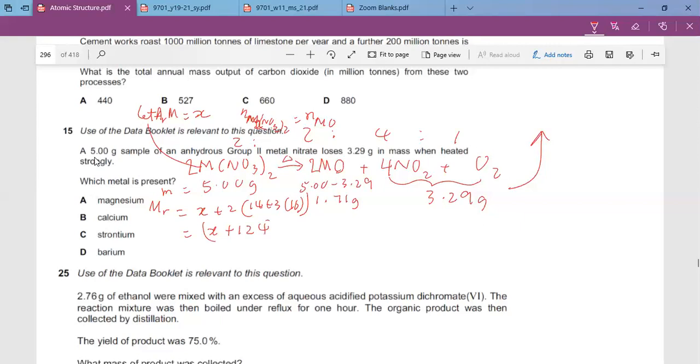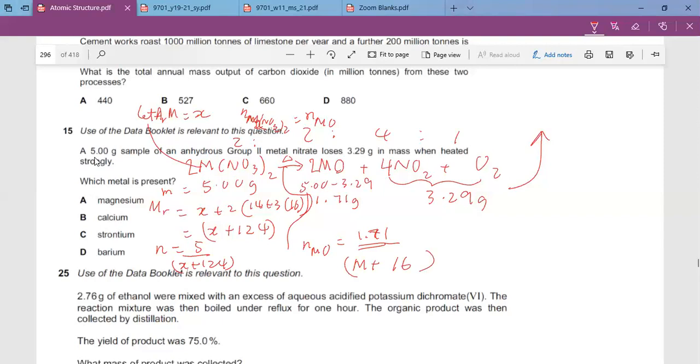Now on this side, the number of moles is 5 over X plus 124. Here the number of moles of MO is 1.71 over X plus 16.